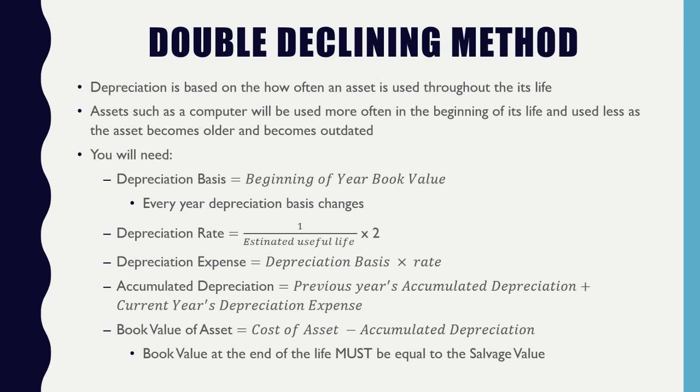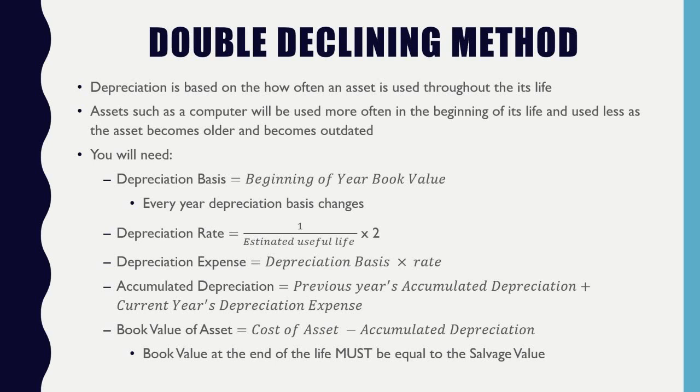Okay? Usually it's determined in years. So that means we're not focusing on how much it produces. We're looking at how old the asset can be, or what its expected useful life is. All right? And then we're going to multiply it by 2 because it's double declining. You're going to depreciate it twice as much. Okay?